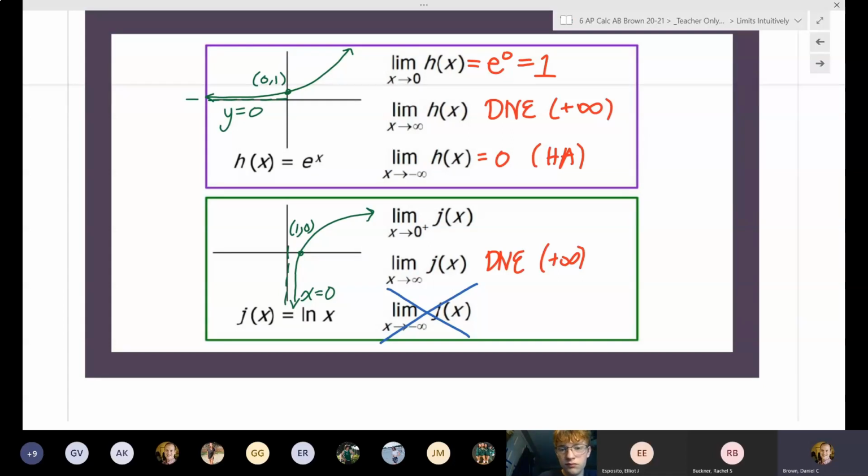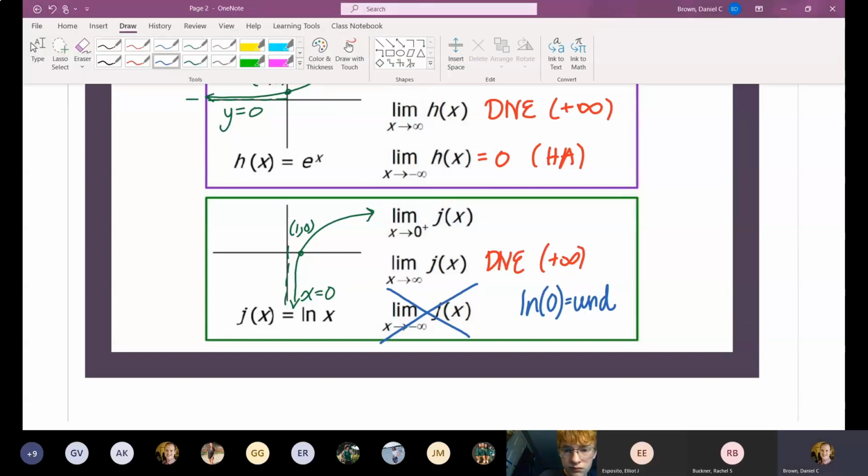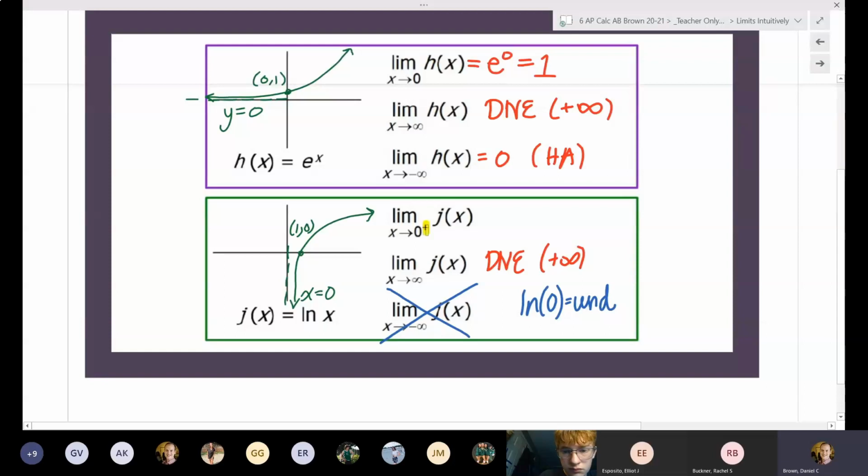So that brings me to this first one. Your prereq skill that I hope you remember is that the natural log of 0 is undefined. That is something that is true. You should know that from Algebra 2. If not, I'm telling you now. But for this one, I did go ahead and ask, what is the limit as x goes to 0 from the right?